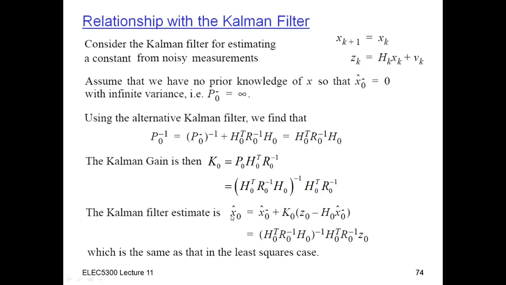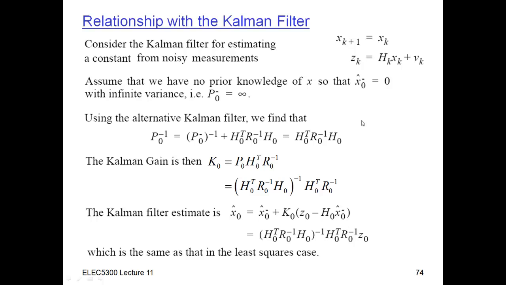The new update is just the old value plus the Kalman gain times the observation error. And then this is just K0 times Z0, which is this thing here.